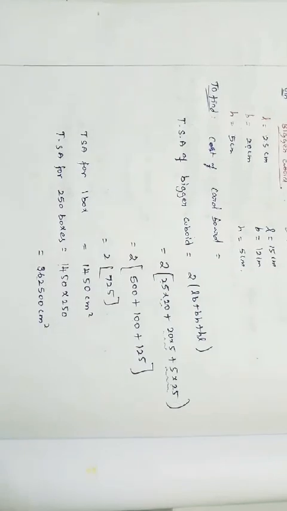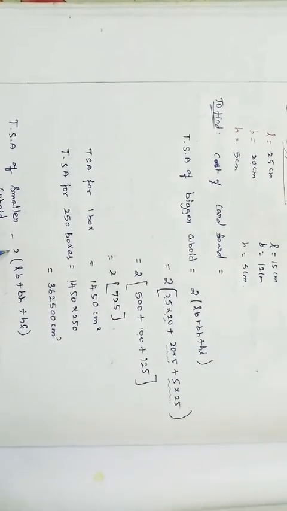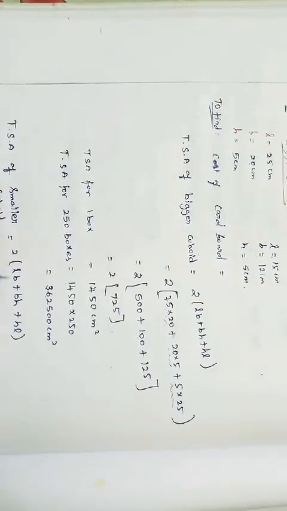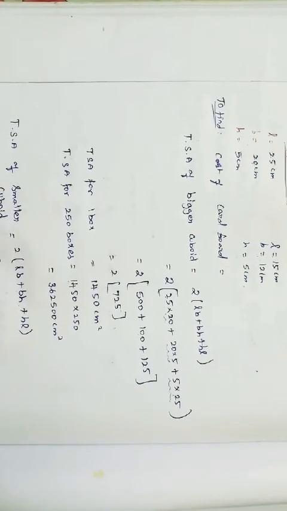TSA of the smaller cuboidal box is equal to 2 times (LB + BH + HL). We know the length, breadth and height, so substitute and simplify. Here L is 15 centimeters.